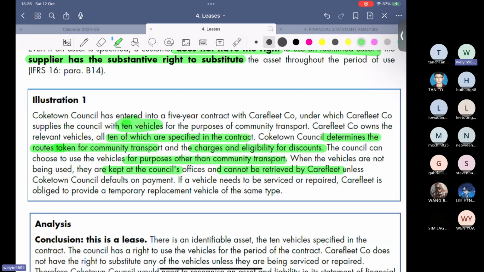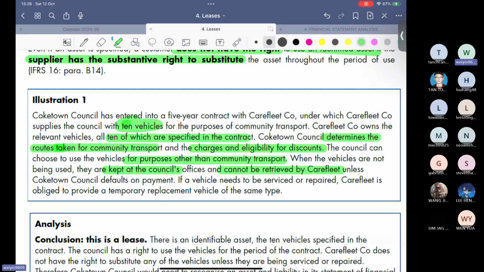From here, first, the council has the right to choose how they are going to use the vehicle, so all the substantial economic benefit flows to the council. Number 2, all vehicles are already specified in the contract. Number 3, Clarfeet cannot simply take over. That means Clarfeet cannot say, oh, today I want to change, next day I change another one. No such thing.